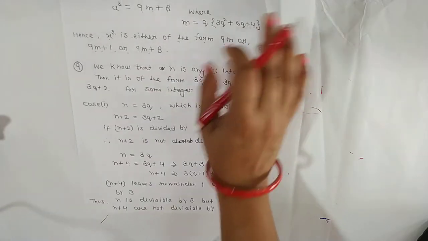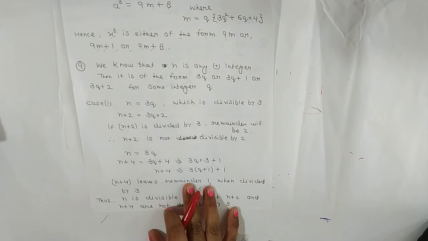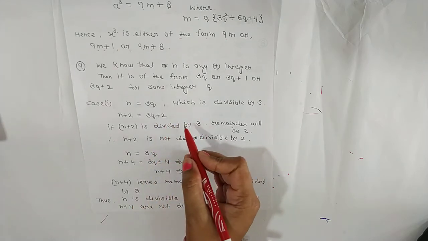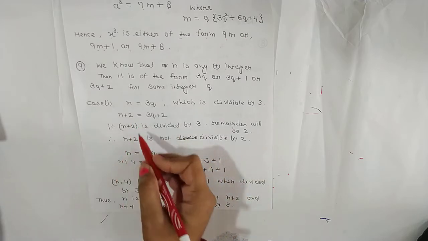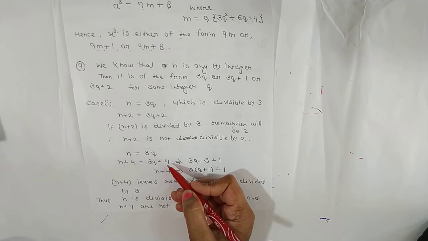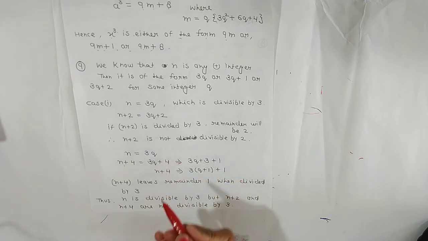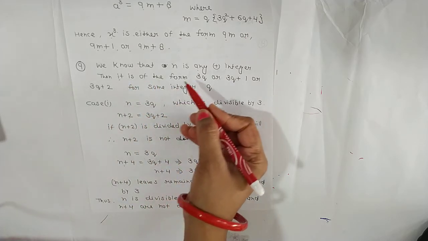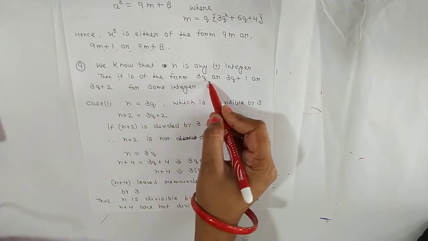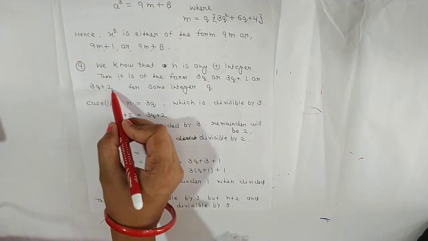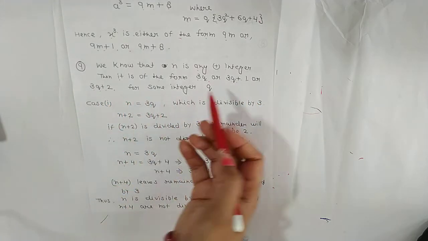Question number 9. Show that one and only one out of n, n plus 2, n plus 4 is divisible by 3, where n is any positive integer. Okay, so we know that n is any positive integer, which means it is of the form 3q, or 3q plus 1, or 3q plus 2 for some integer q.